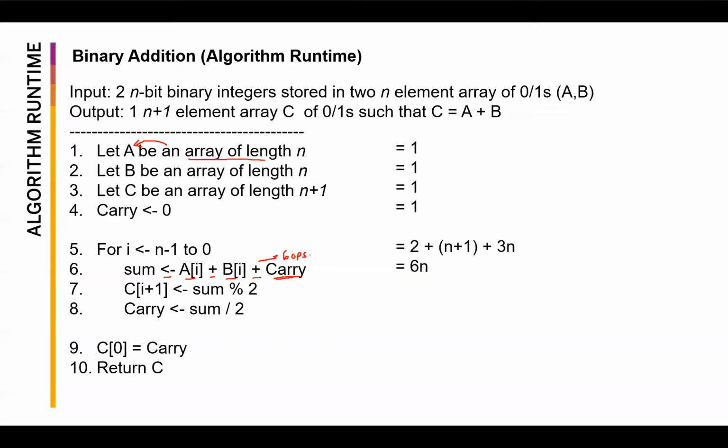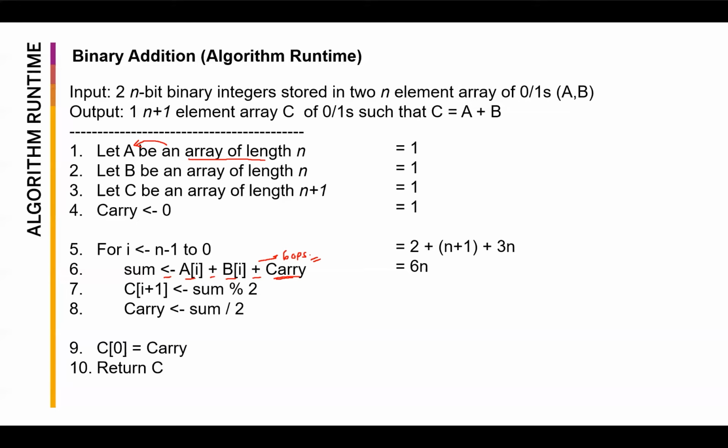So we count them: 1, 2, 3, 4, 5, 6. Line 6 will have 6 operations in total. But since it is in the for loop that will scan through all n elements, this 6 operations will be performed n times. That's why we arrive at 6n for the total number of operations.